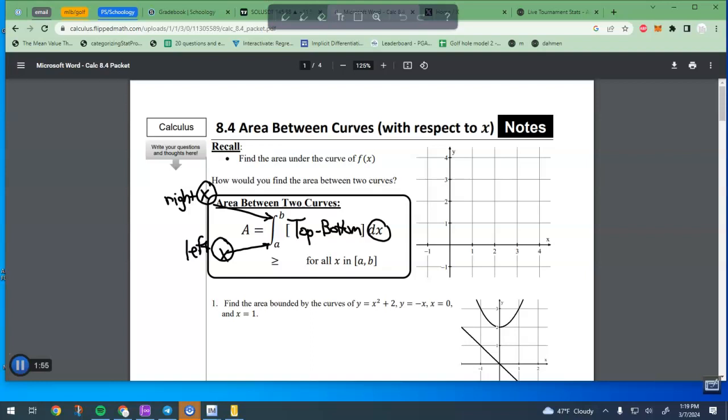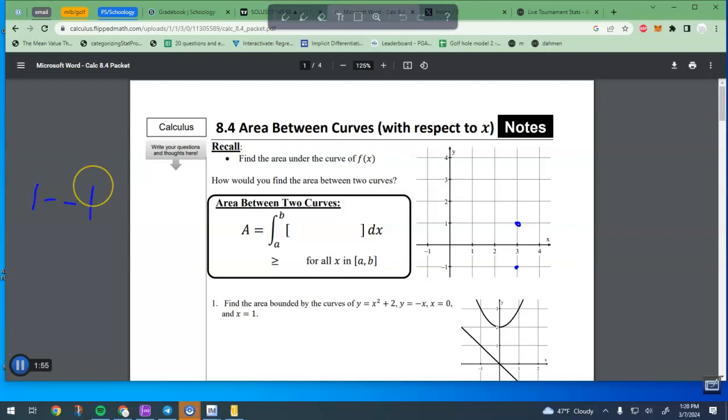But let me first convince you that top minus bottom is the distance between any two points this way, because some years people wonder if that's true. Let's say these two points here. That's 4, that's 3. How far apart are those? 1. How did you get that? Top minus bottom, 4 minus 3. 1 and negative 1. How far apart are those? 2.